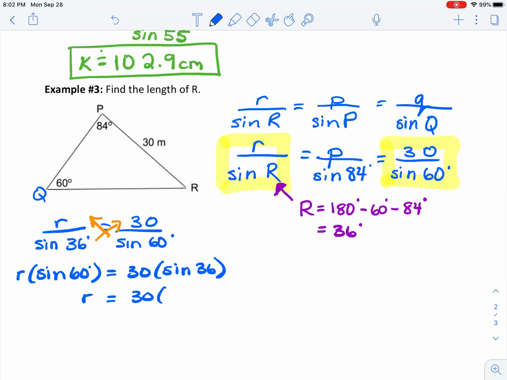Opposite operation, so we are going to divide by sine 60. I'll plug that into my calculator. Let's see what we get. Sine 36 times 30, divide by sine 60, 20.4 meters.